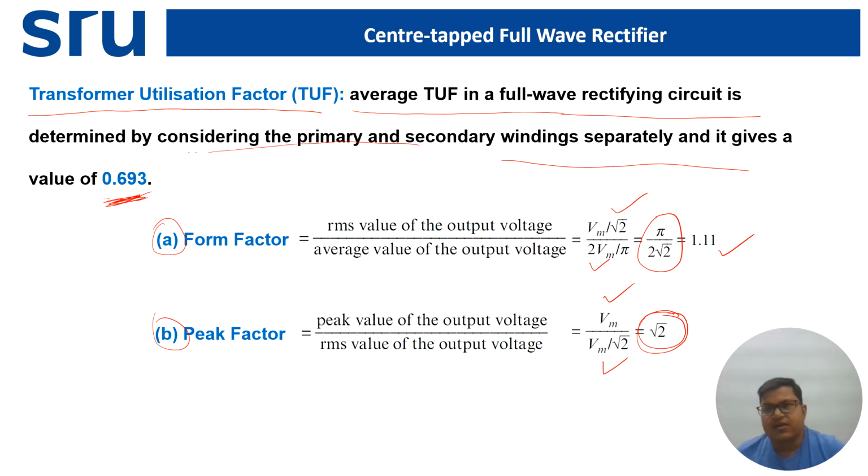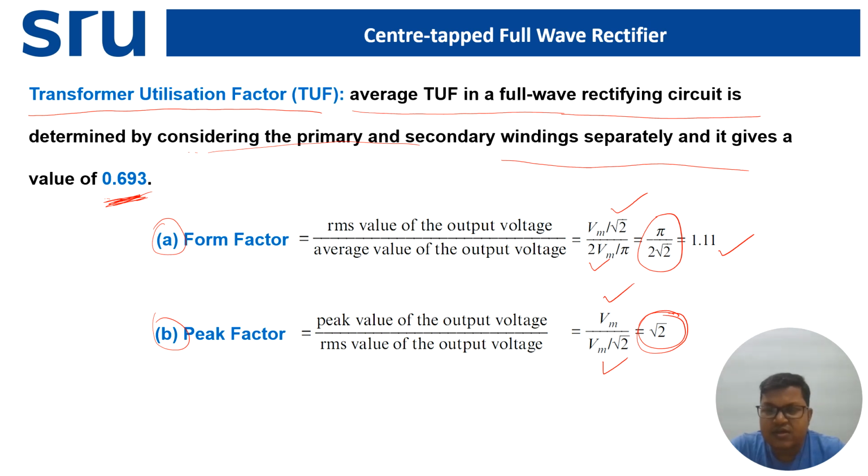So what we learned here is that for the case of full wave rectifier, the efficiency is just the double of the half wave rectifier, whereas for the half wave rectifier we'll see that the efficiency is half of the full wave rectifier.